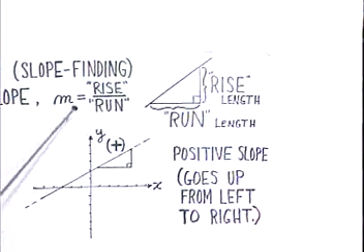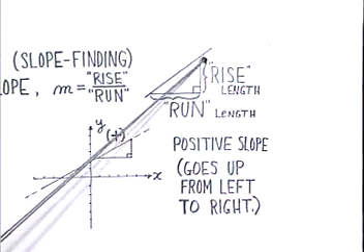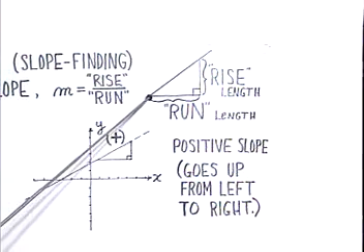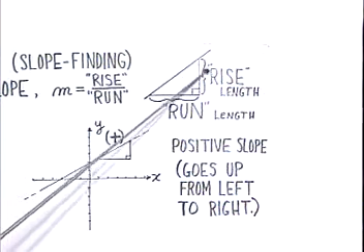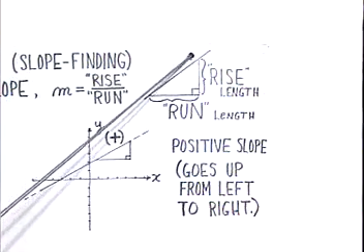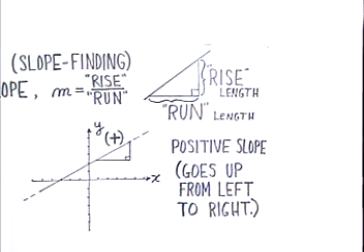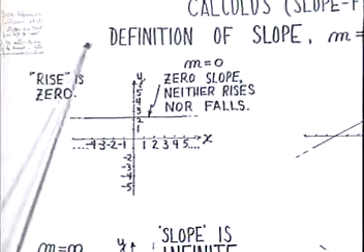M is the letter that we use, and it is the length of the rise divided by the length of the run. That is how slope is measured.